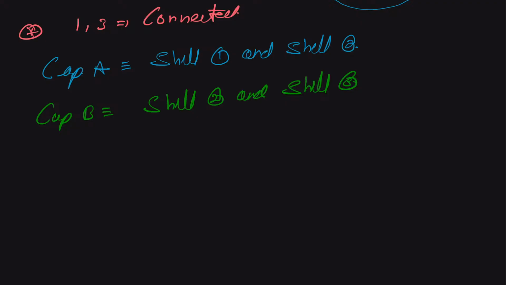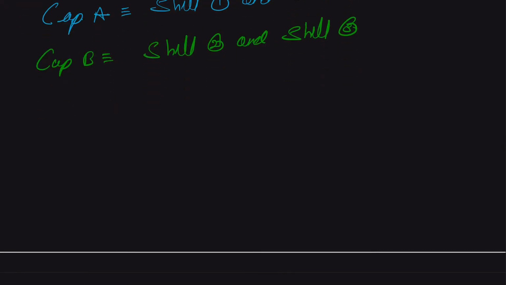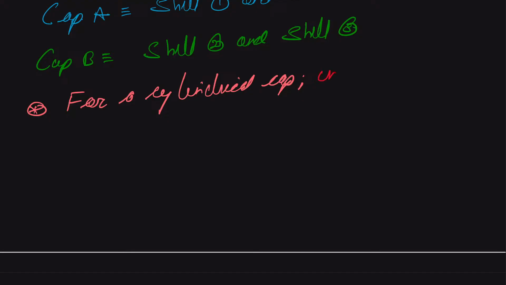And we already know that for a cylindrical capacitor with inner radius Ri and outer radius R naught, its capacitance is a standard formula. Suppose the inner radius is Ri and the outer radius is R naught.